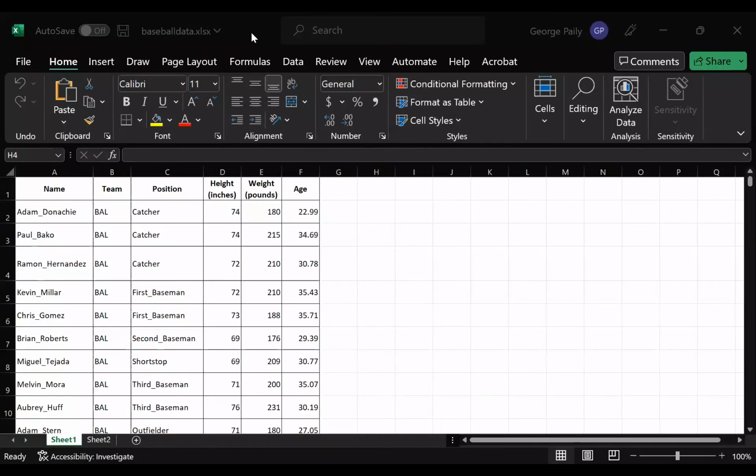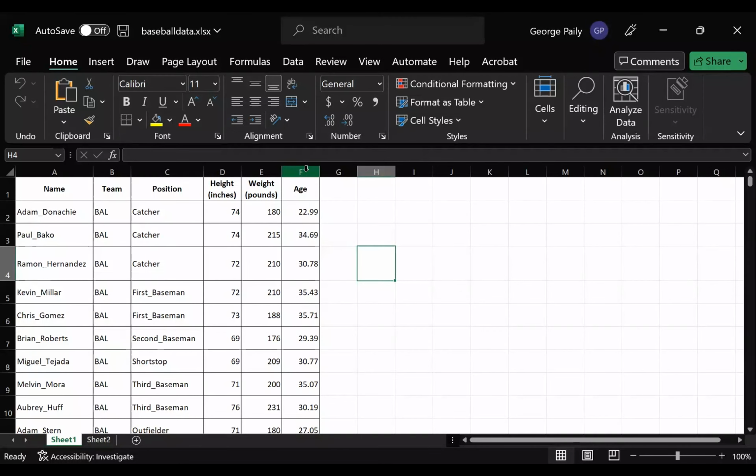So let's say we take this data and we want to look at the distribution of the ages of the players. We want to see, if I pick a player at random, what's the probability that he's going to be, well, we won't say exactly 30 years old, because that probability is pretty small. We'll say in the range between 30 and 31.